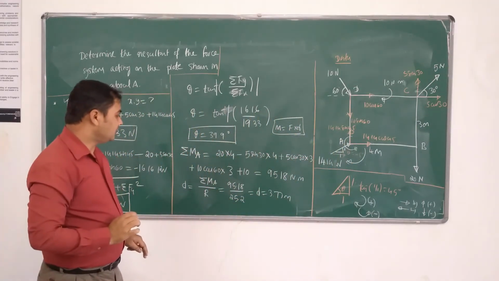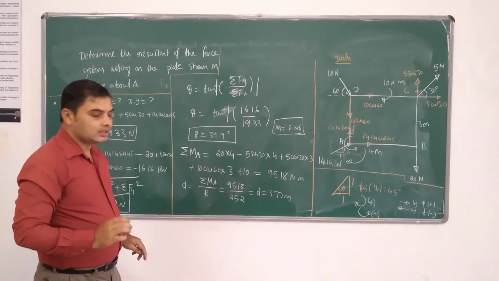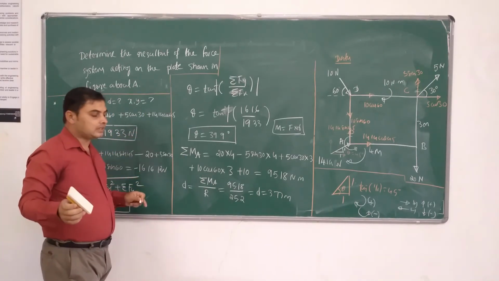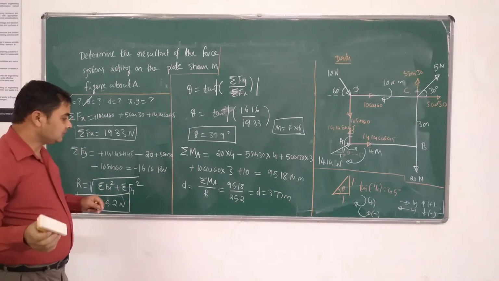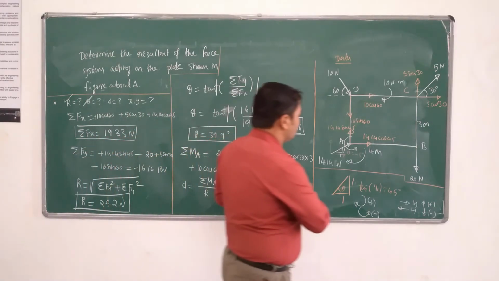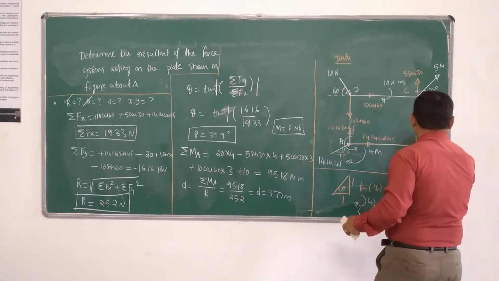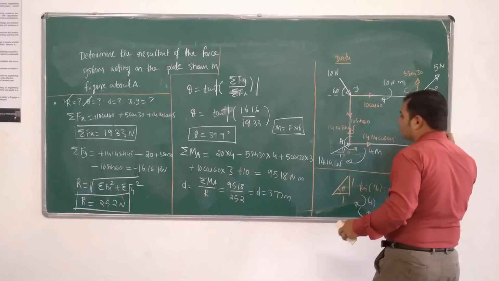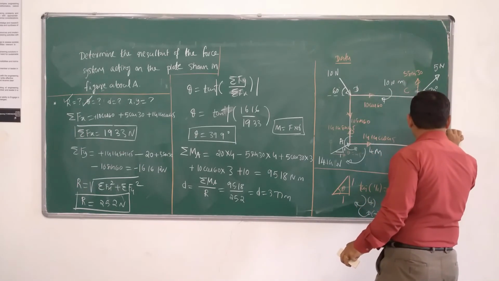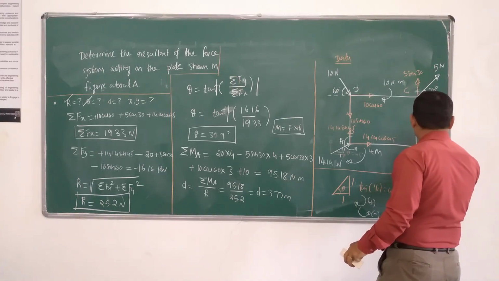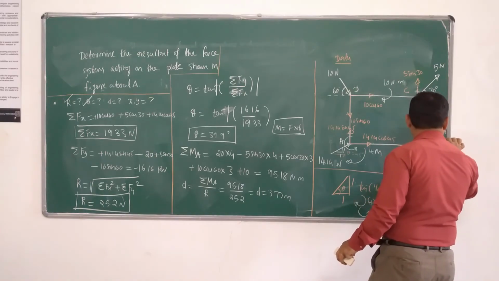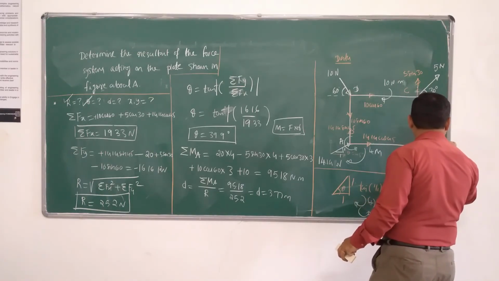Next, we have to calculate the X and Y intercept of the resultant force. Just note down the values here somewhere. Here we know sigma Fx is equal to 19.33, and sigma Fy is equal to minus 16.16.